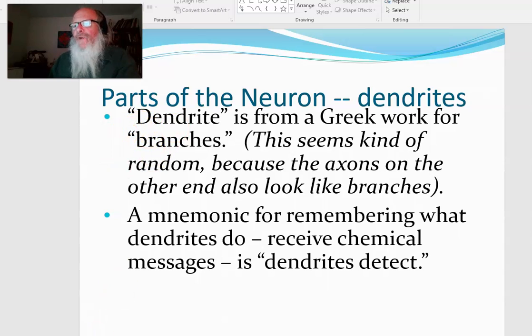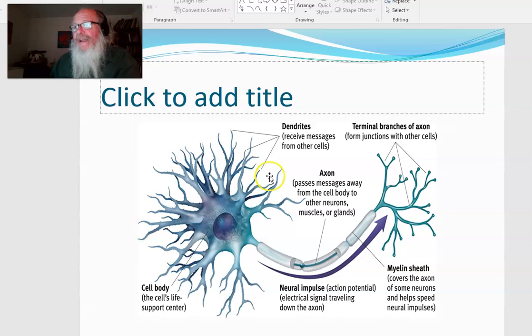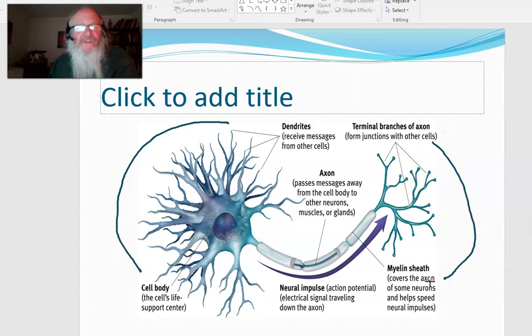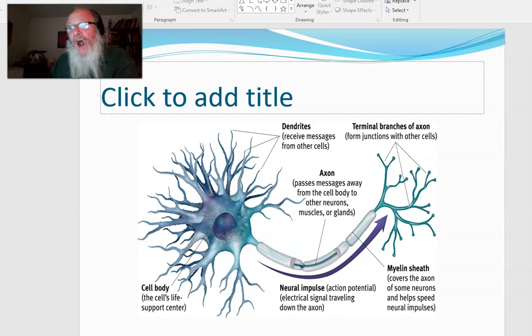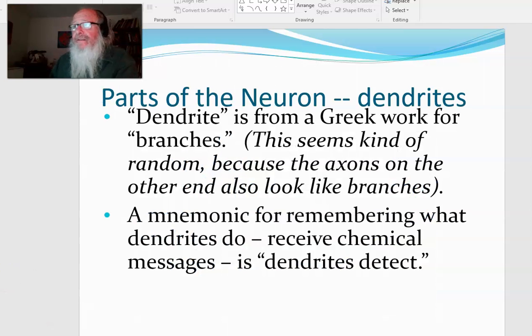The word dendrite comes from the Greek word for branches. To me, this seems kind of random, because when we look at the overall neuron, you've got something that you could reasonably call branches at both ends. But we use the Greek word, dendrites, for the branches at the head end.